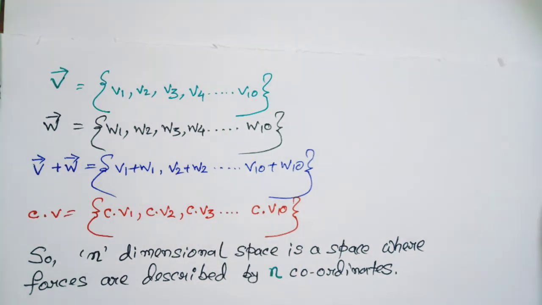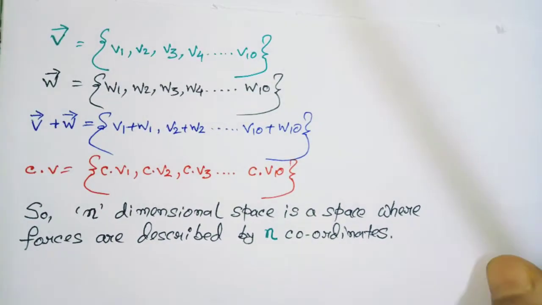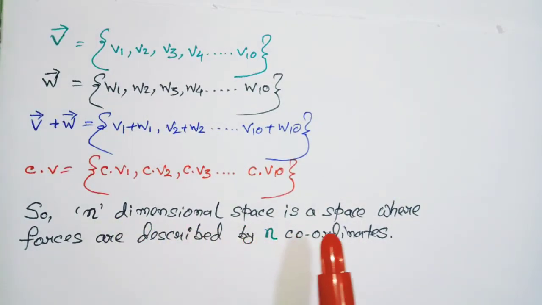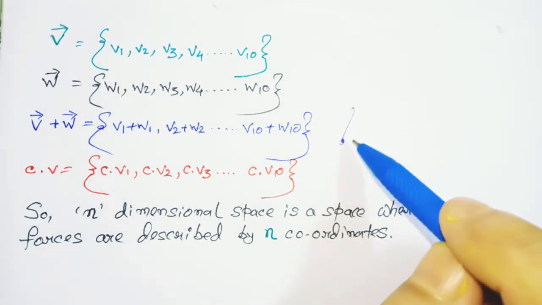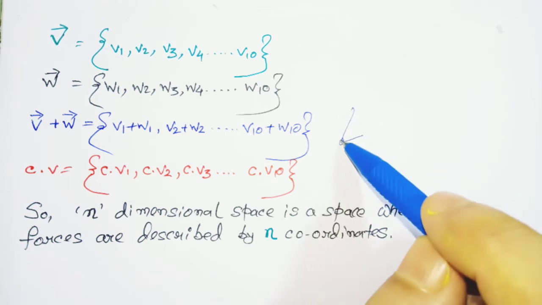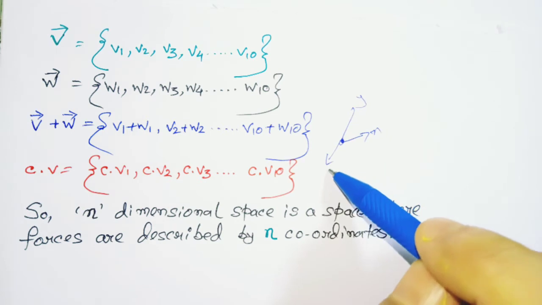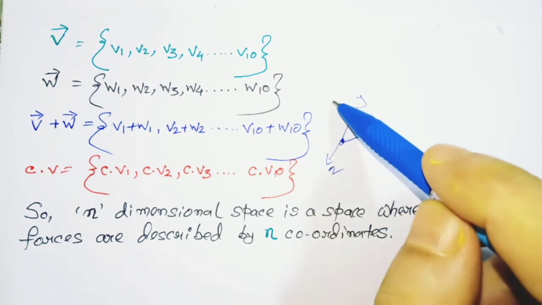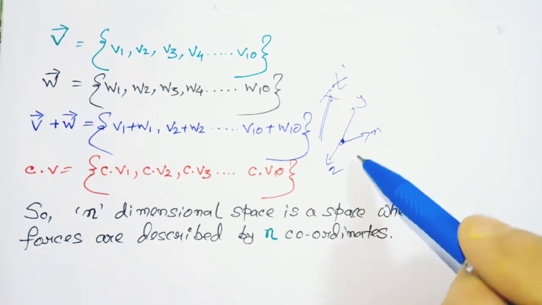So what I am trying to show is a kind of n-dimensional space. An n-dimensional space is a space where forces are described by n coordinates. In general, when we show the coordinates, it can be this way: the x, the y, and the z direction, right? If we go with Einstein's field equation, we will also see that we are taking time and so on.